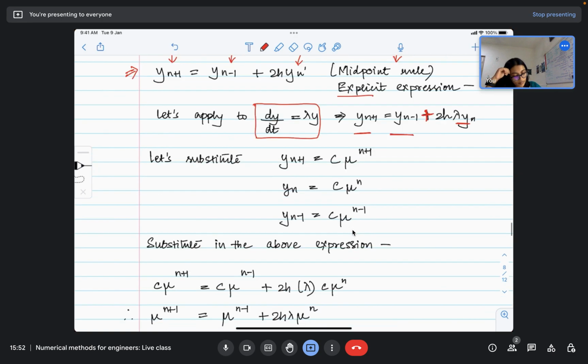Okay. Now let's substitute as we did previously, that is for yn plus 1, for yn, and for yn minus 1. Okay. So that is going to be C into mu to the power n plus 1, again C into mu to the power n, and C into mu to the power n minus 1.